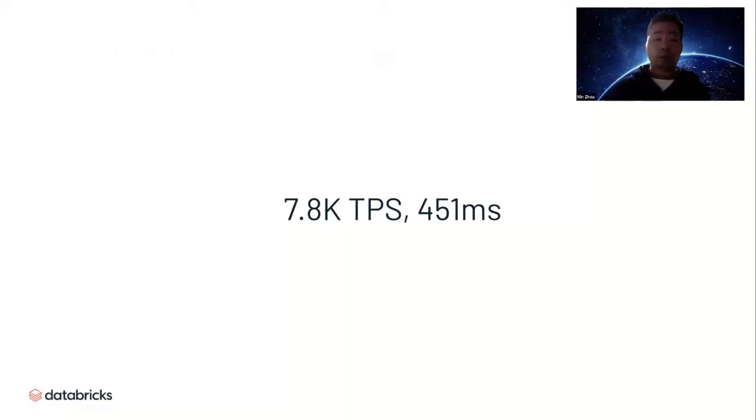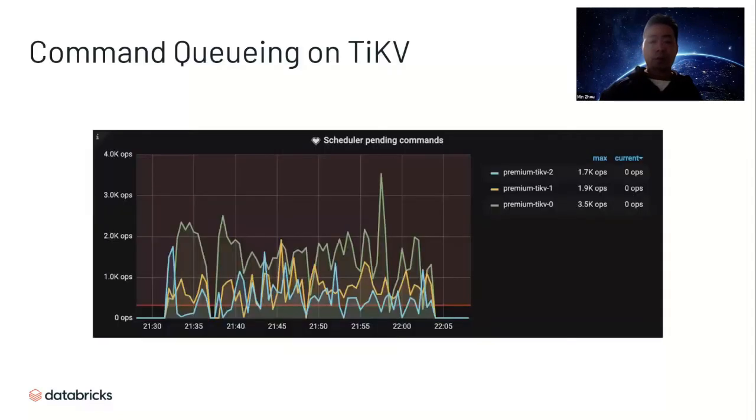Then we look into the metrics provided by TiDB. One thing we noticed is the scheduler queue. As I mentioned, in the TiKV layer, there are a bunch of worker groups, and between the worker groups there are some queues.